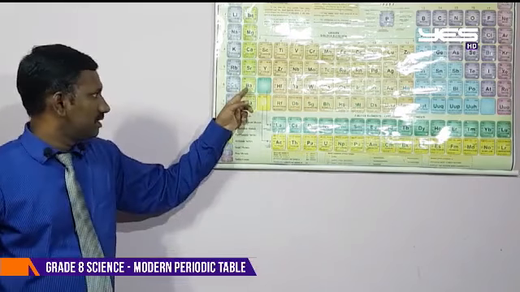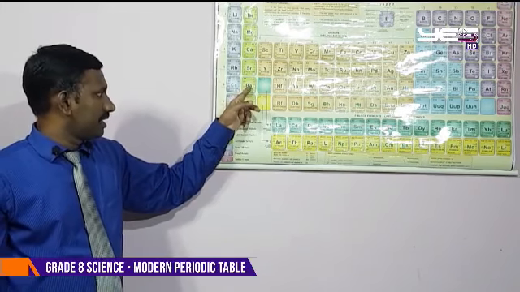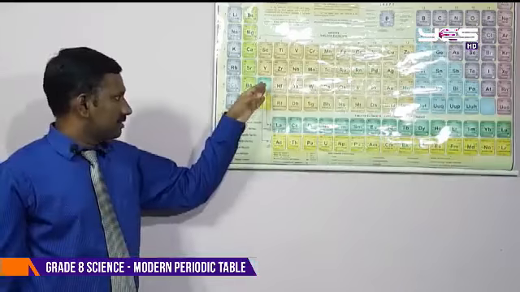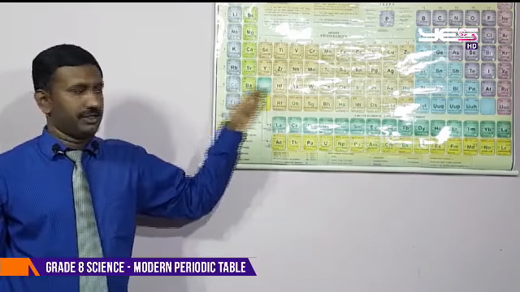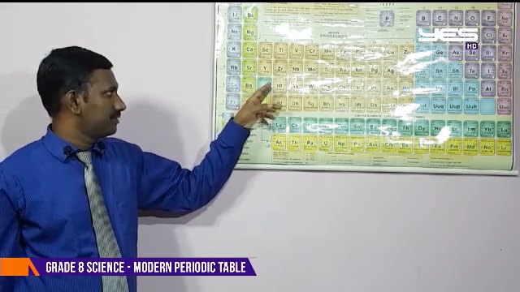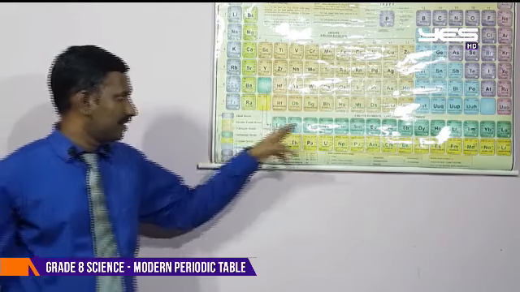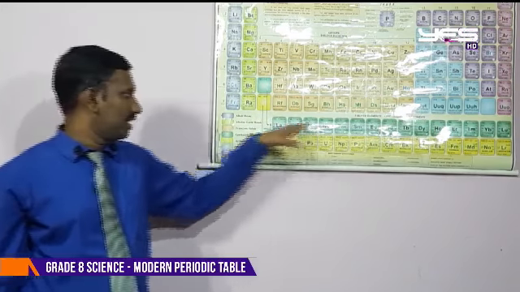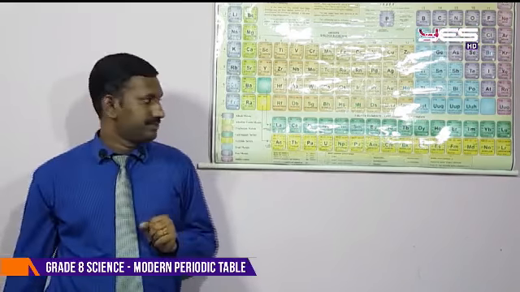Check here in this periodic table, after Ba, atomic number 56, the next one given is hafnium Hf, whose atomic number is 72. So the elements in between these two, that means 57 to 71, are represented separately. This is the lanthanide series.